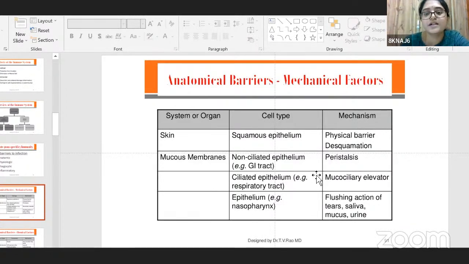And then the mucosal membrane, so that the mechanism is peristalsis, the mucociliary elevator. And then your tears, they are one kind of barrier wherein whatever falls into your eye is flushed out because of tears. And then the mucous membrane protects the respiratory, gastrointestinal, and urogenital parts from microbes, in fact.